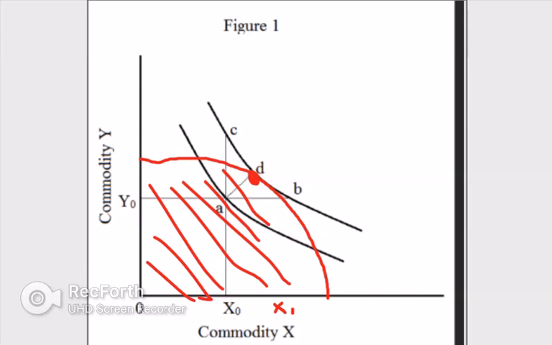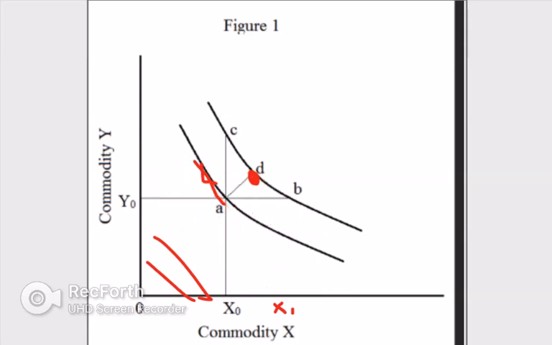The easiest way to find the MRS on an indifference curve is to draw a straight line at a tangent to the curve at each point. The slope of each tangent decreases as you go down the graph, which indicates a decrease in the marginal rate of substitution. So that's basically what we did before, but instead they've done that first to get a proper tangent. Let me just clear this off.